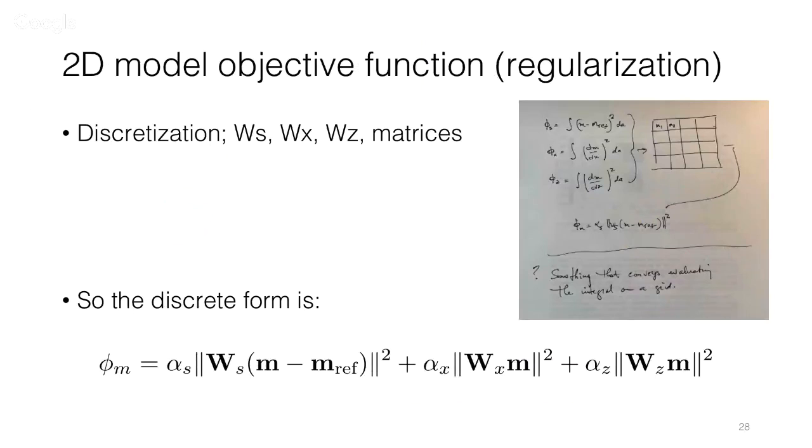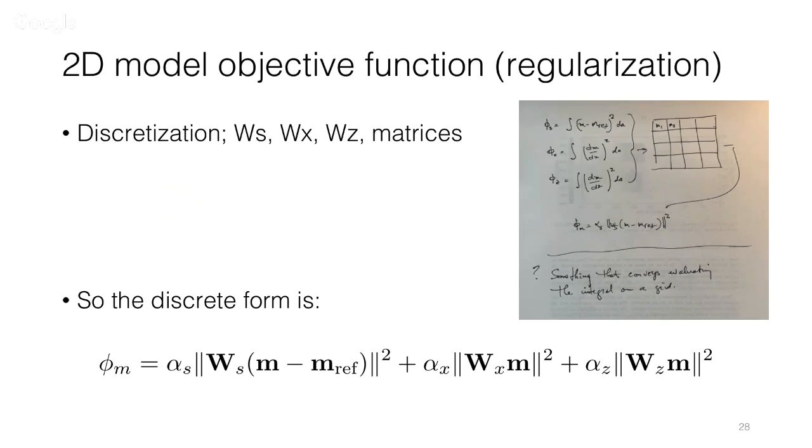So we've got our equations for misfit, or sorry, for different norms. We discretize it, and then we can write it out. So the discrete form of all of these different velocity objective functions, we're going to have that.